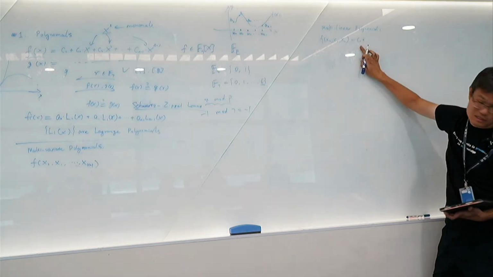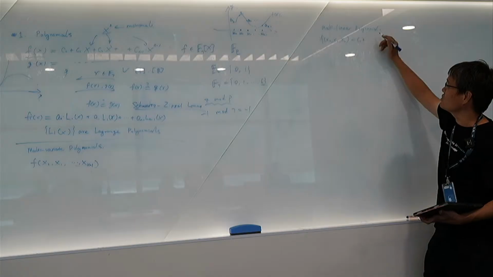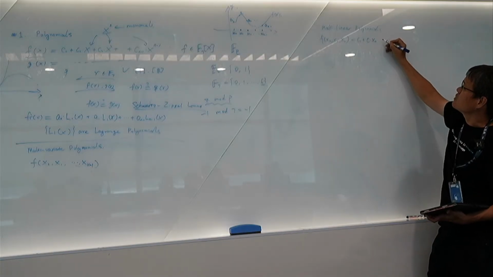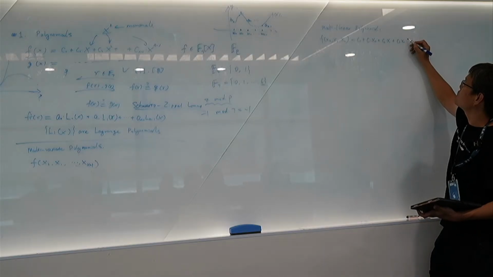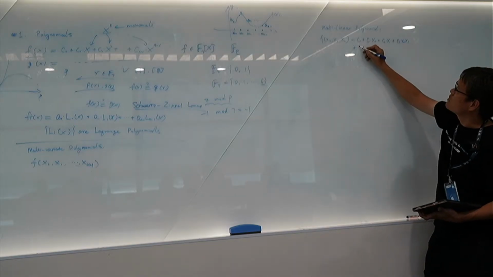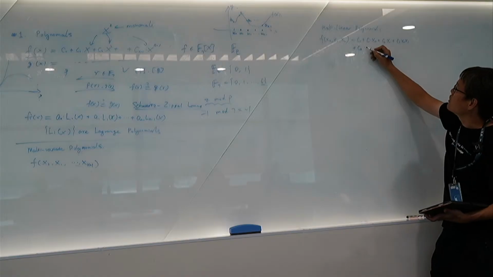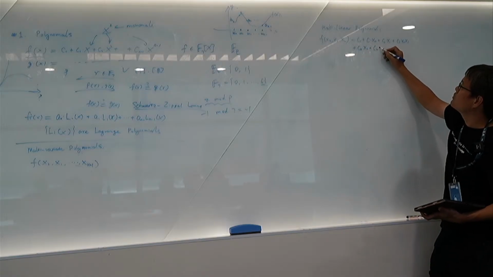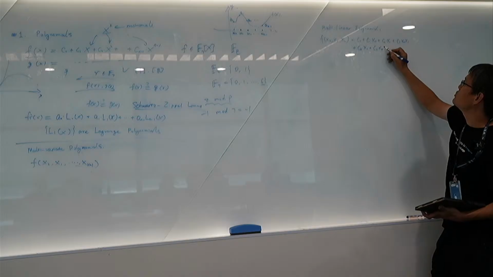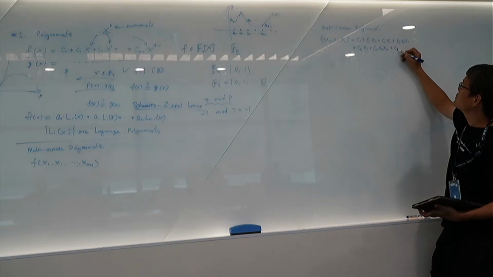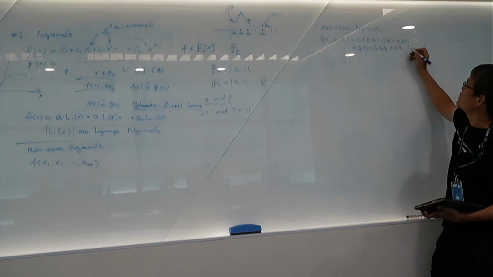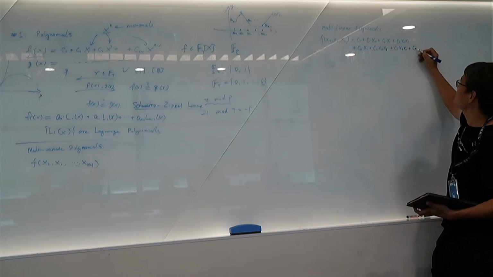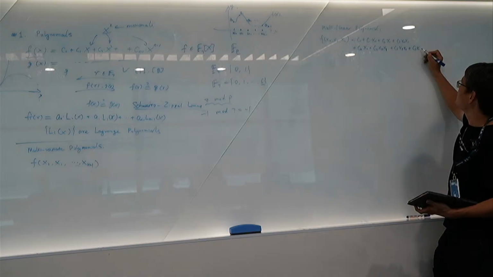C0 as a constant coefficient, plus C1 x0, plus C2 x1, plus C3 x0 x1, plus C4 x2, plus C5 x0 x2, plus C6 x1 x2, and plus C7 x0 x1 x2.